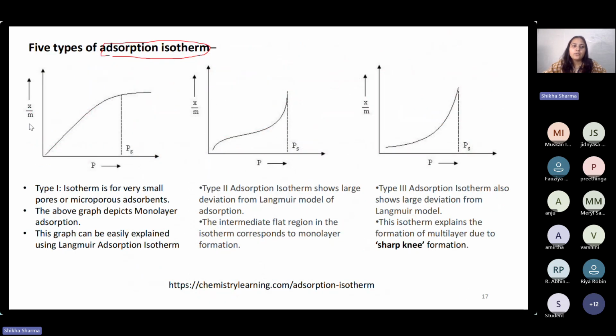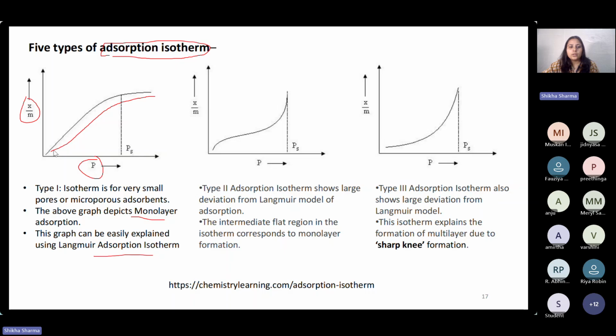One is where P is the vapor pressure and X by M, and we are taking Langmuir's equation. In this, if there is a monolayer, in the Langmuir adsorption isotherm, it will follow this kind of pattern.